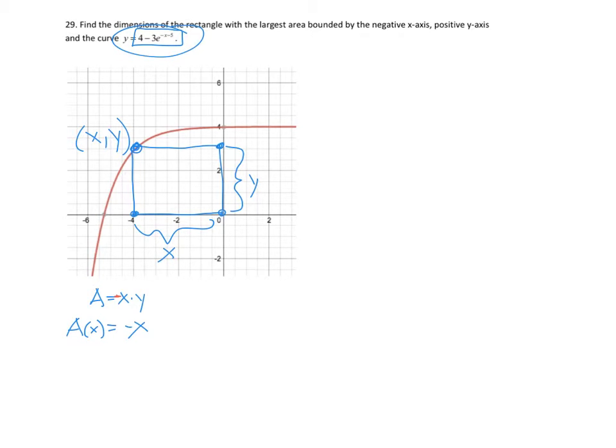So instead of y, I put 4 minus 3e to the negative x minus 5. That's an expression for y in terms of x. And this is my area function for the area of that rectangle. And so we graph it.